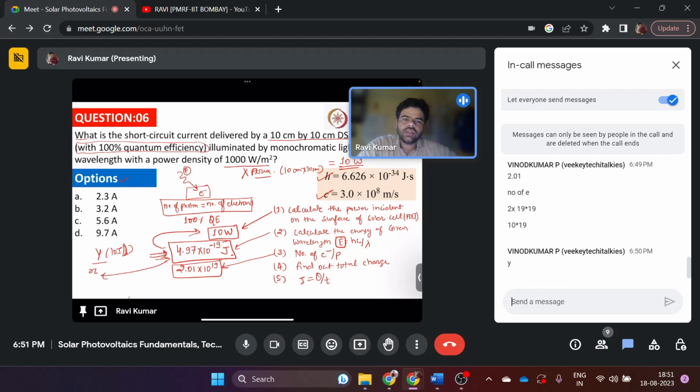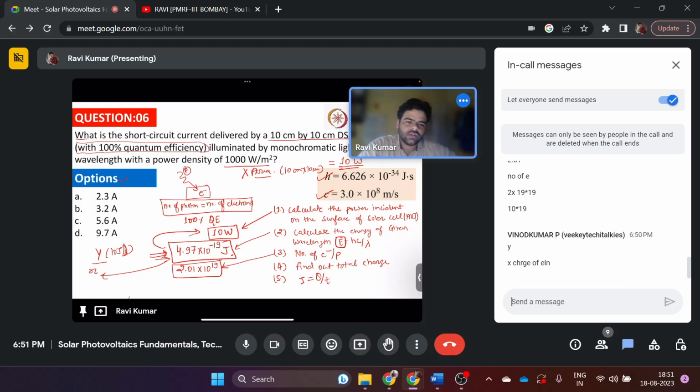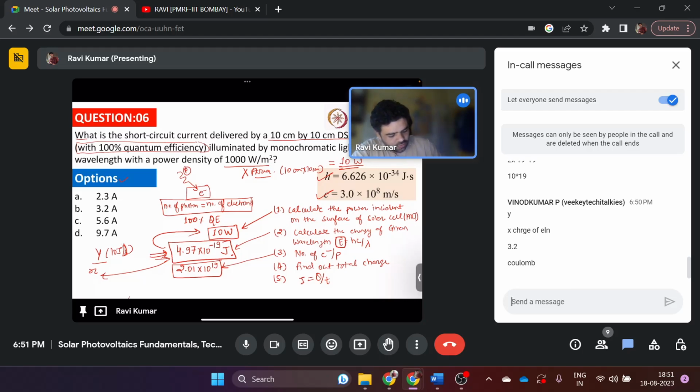Charge of an electron is 1.6 into 10 raised to the power minus 19 coulomb, and x into the charge of an electron, that is, number of electrons multiplied by charge of an electron, is 3.2 coulomb. Yes. So it will be 3.2 coulomb.